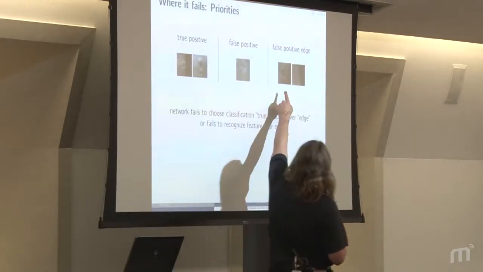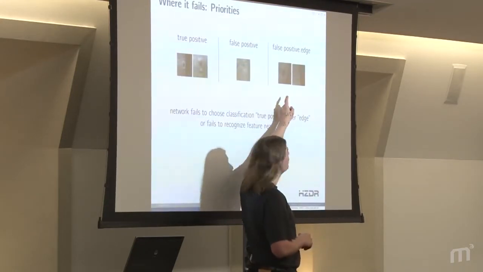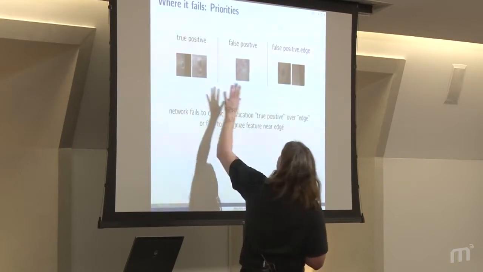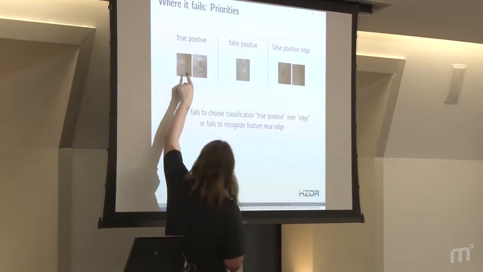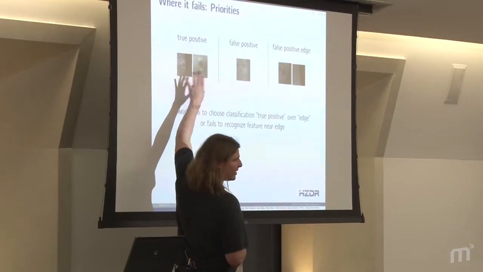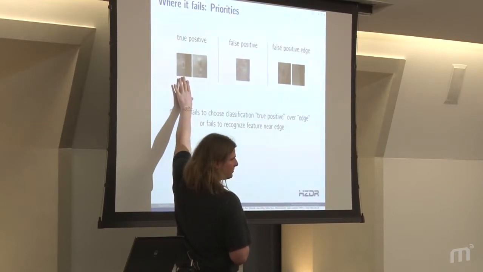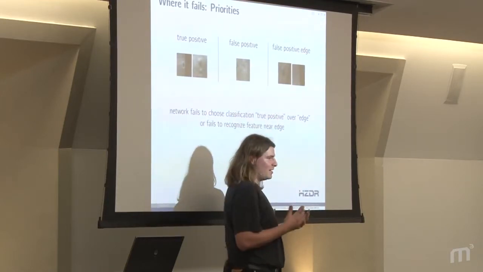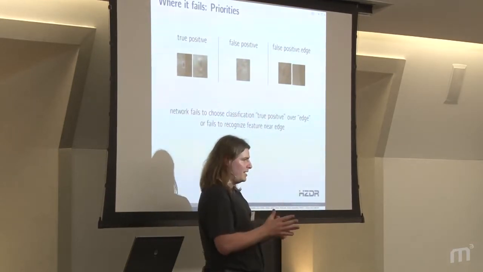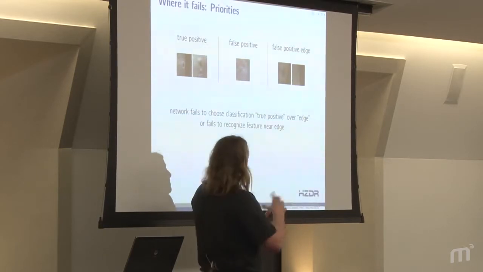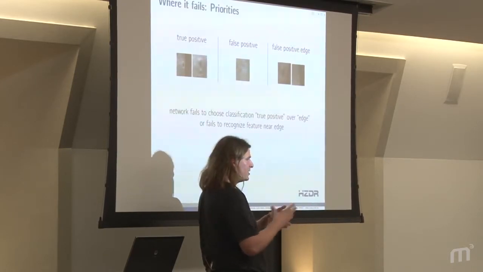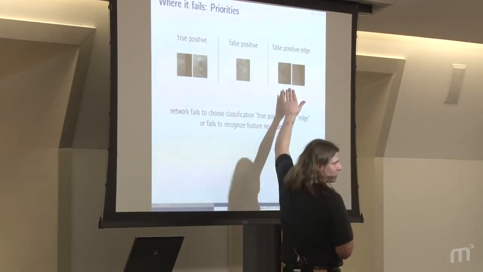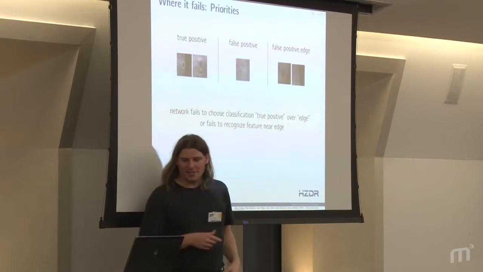And this feature, which we reserved for the validation set, is classified partially wrong, because that should be a true positive, because we are always classifying everything which shows a true positive and an edge as a true positive. So the network should learn this, and it learned it for this one. But apparently there weren't enough examples of feature with edge to teach it to say, okay, if it's an edge and a feature, then it's a feature, especially. That's the important thing. So this is technically correct, but it's not really what we want to have.